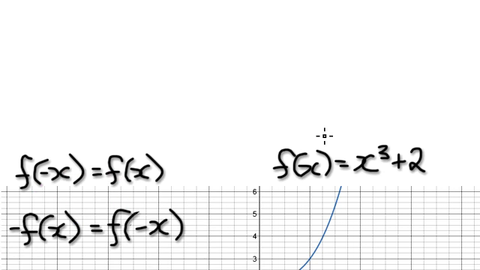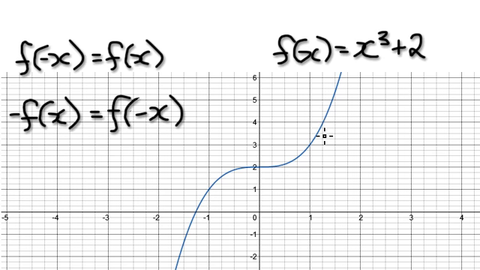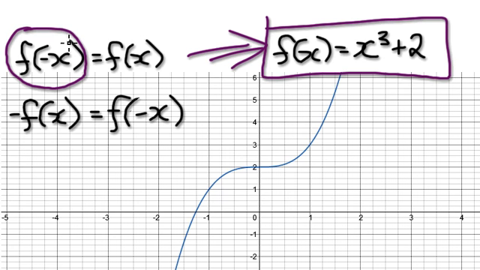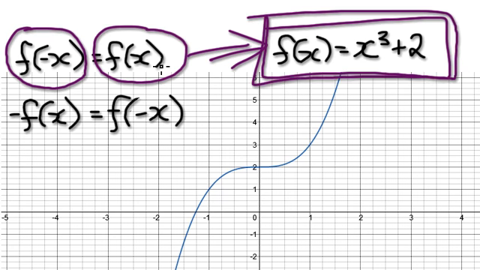Okay, now it's your turn to have a go. Given that f of x equals this, is it an even function? That means apply this transformation and see if it equals the original one. Is this function an even function, or an odd function?